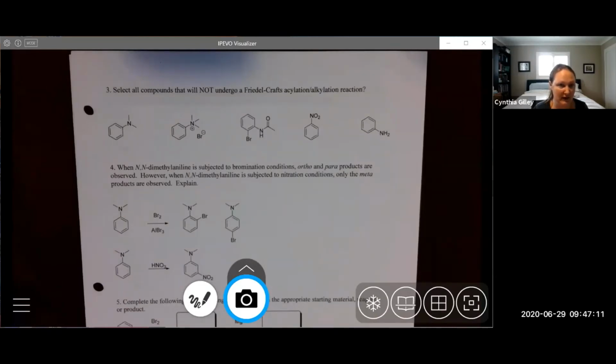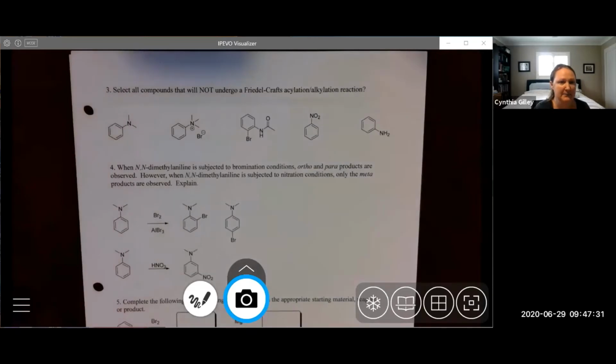So remember that we cannot do a Friedel-Crafts alkylation or acylation on a ring that is either moderately or strongly deactivated. If it has a moderate or strong deactivator on it and nothing to counterbalance that, it will not be able to undergo a Friedel-Crafts reaction.